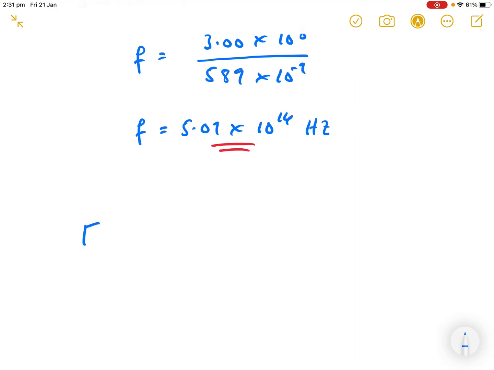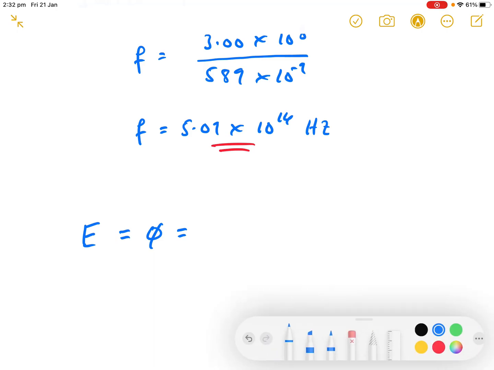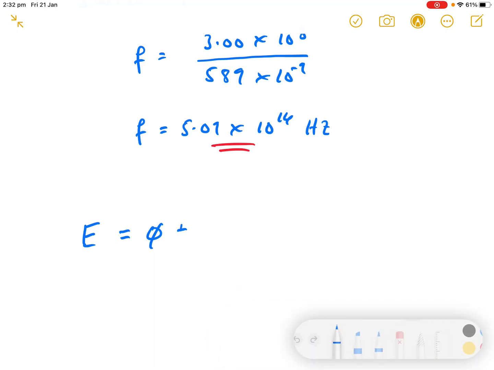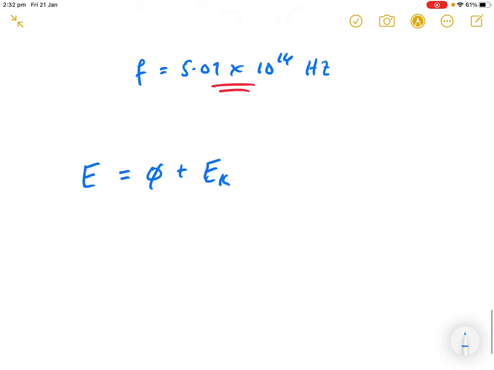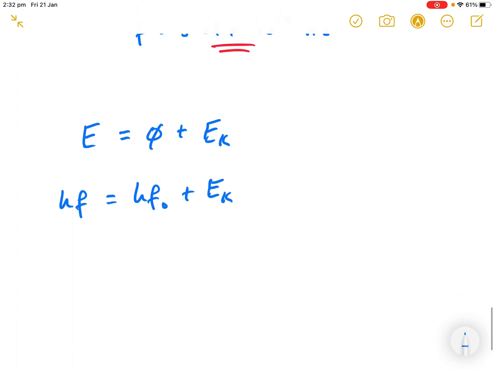Right, we then set up our photoelectric effect equation: hf = φ + EK. And we can unpack that to become hf = hf naught + a half mv squared. Well, we don't actually need the velocity yet, so we'll just leave it as EK.